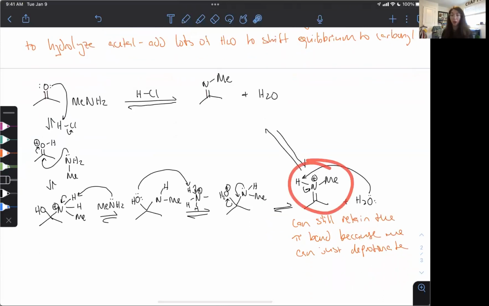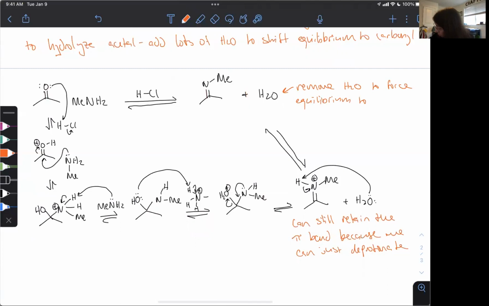But the nitrogen having 3 bonds is very different than the oxygen having 2 bonds, where generally we have a hydrogen there that we can deprotonate and still retain our pi bond, which is preferable if we can. If we can do that, we will do that. And then we have all the same kind of equilibrium characteristics where if we remove water, we can force that equilibrium to products, to our imine.